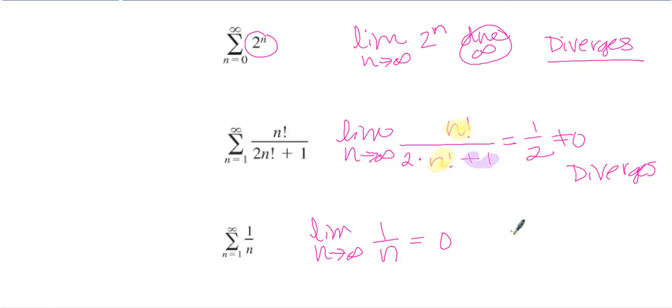It doesn't tell us anything. We don't know, based off of this, if that series will diverge or converge. So we'll learn another test next week to figure out whether or not this thing actually converges.